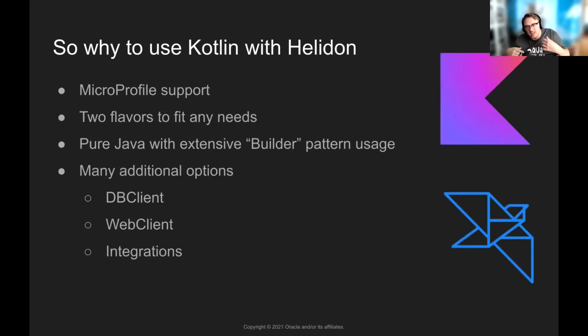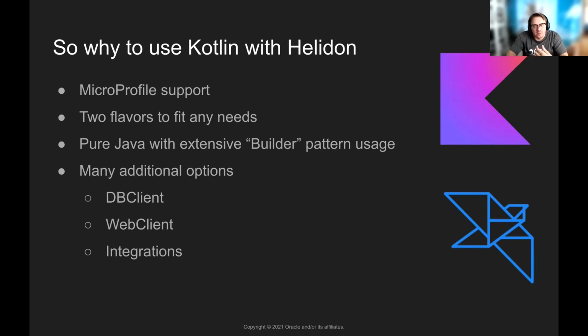And you may actually ask yourself, okay, we've got Ktor, we've got our Kotlin frameworks. Why would we use Kotlin and Helidon? So first of all, Helidon, as I said, has these two wonderful flavors. That means that you can write pure reactive stuff with pure Java, which makes it very easy to convert to pure Kotlin, which with this extension makes it really idiomatic Kotlin.